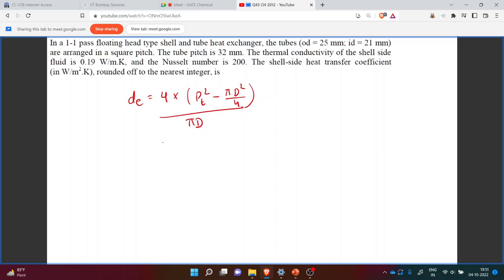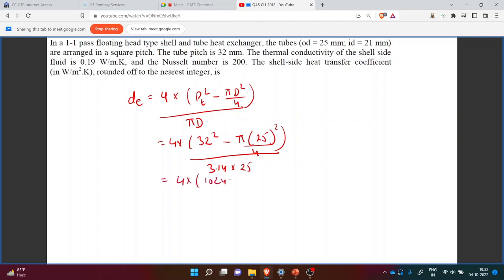Okay, so now we can replace all these values. 4 into 32 square minus pi into outer diameter 25 mm square upon 4, upon pi, which is 3.14, into 25. So this we can write as 4 into 1024 minus 490, upon 3.14 into 25. Solving this, we get the value of this diameter as 27.15 mm.